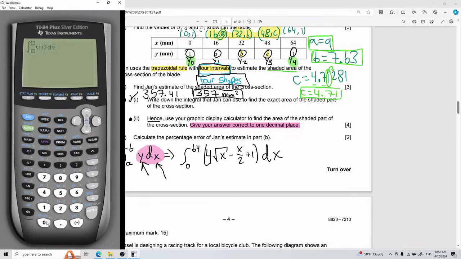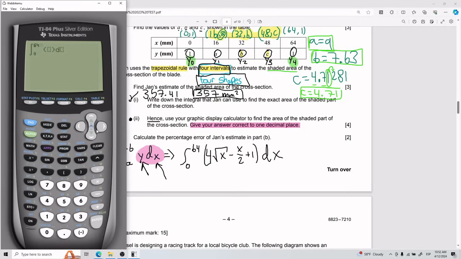Here you plug in 0 to 64, with respect to the function 4 square root x minus x divided by 2 plus 1, the integral with respect to x, and you press enter. It loads a little bit because, hey, integrals are not easy, but eventually that's what you get.